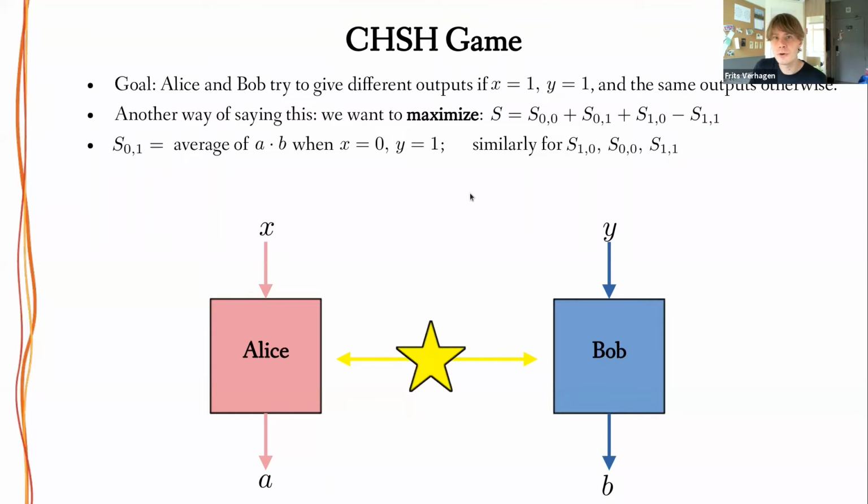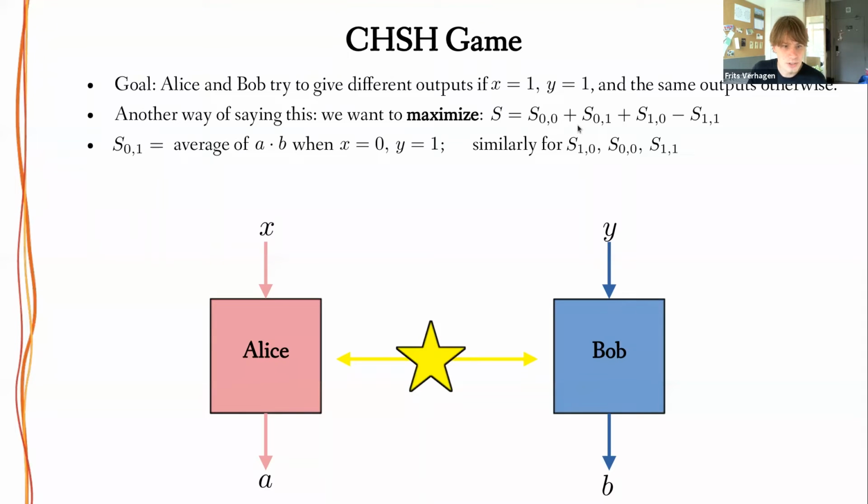Okay, so let's reformulate this goal that we have. The goal is if the inputs are 1 and 1, then they give different outputs, A and B, and they give the same output if X and Y are different. Another way of saying that is this: we want to maximize this number S. This number S is equal to 4 terms, and I will explain what these 4 terms are.